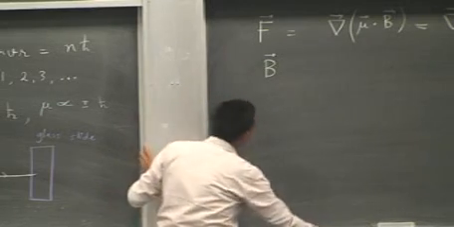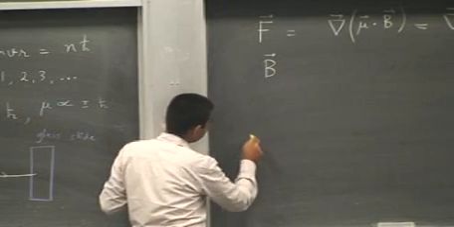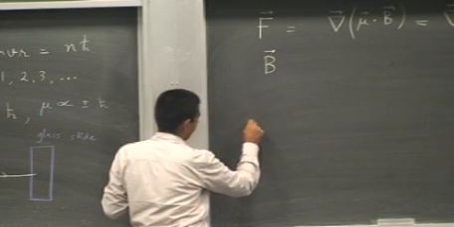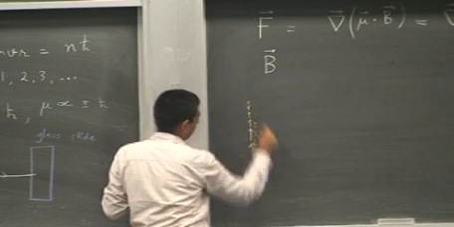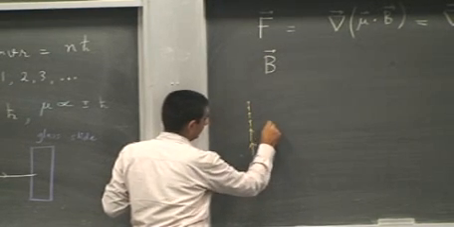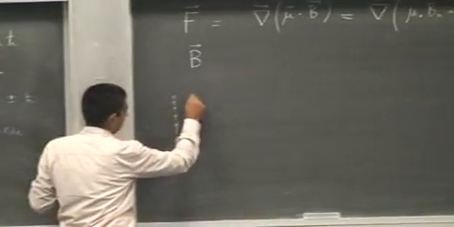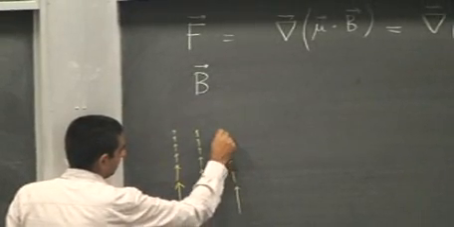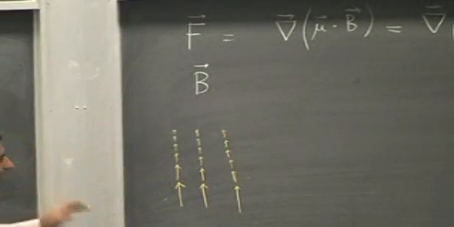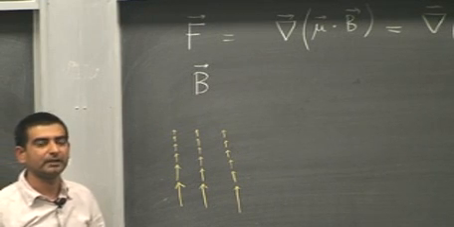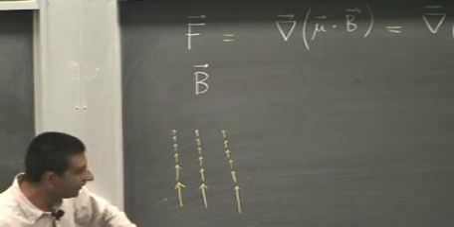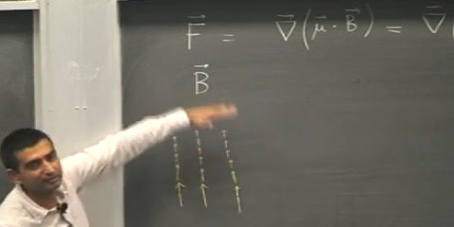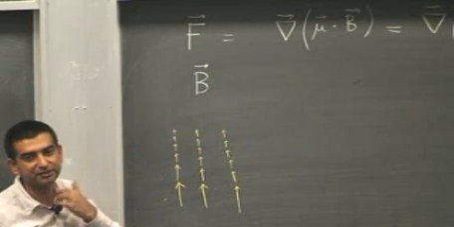Which means if I draw a picture of the field, it looks like this. The arrangement is such that the field is maximum at one point, and as you go along z, the field diminishes.